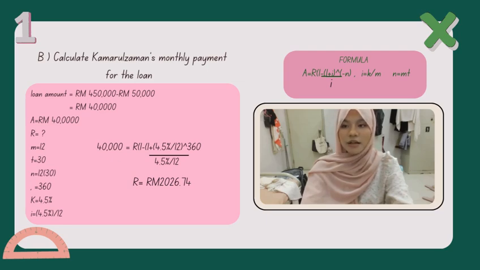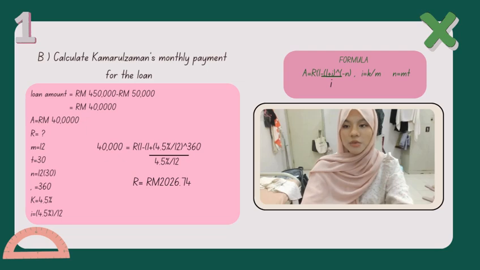So for R, we need to find R. m is equal to 12, t is equal to 30, n is equal to 12 times 30, and then we get n equal to 360, and k is equal to 4.5%, and i is equal to 4.5% per 12.